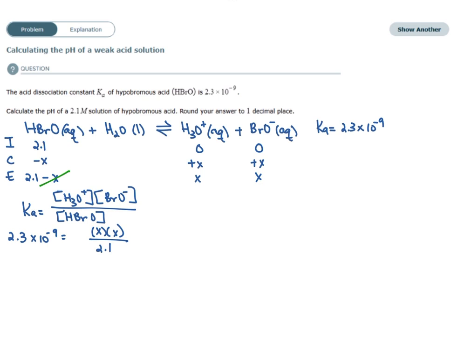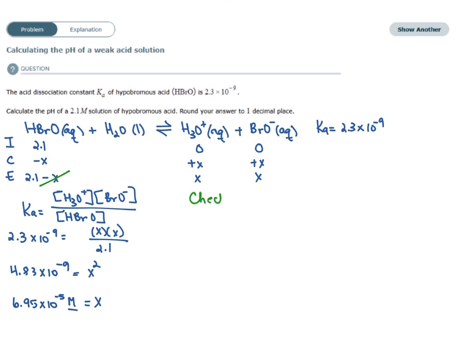I'm going to clean this up. I'm going to take the square root on both sides. Before I continue, I'm going to check and make sure that x is 5% or less than the initial concentration.